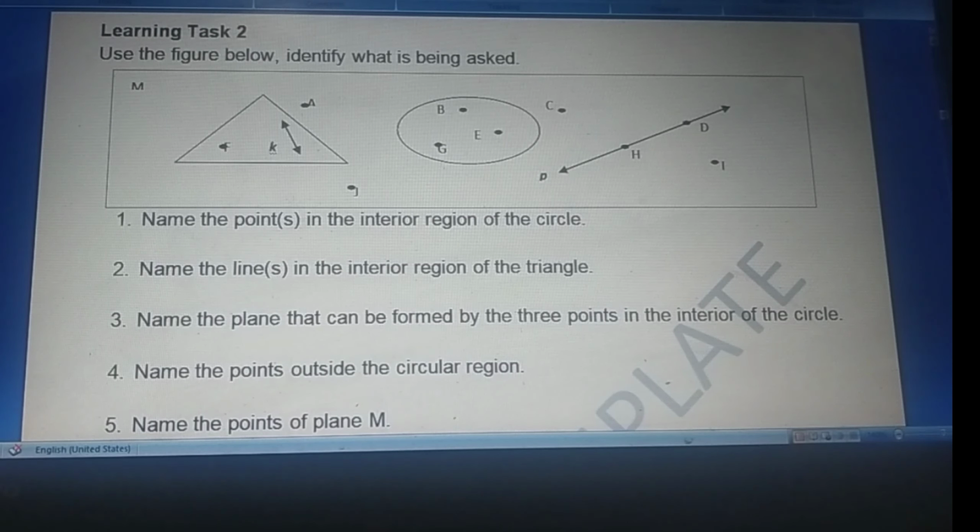Since there are 3 points, it must be a triangle. So you're going to name that using the 3 points. Number 4, name the points outside the circular region. You're going to write all the points in the plane M outside the circle. And I think there are 7 of them.